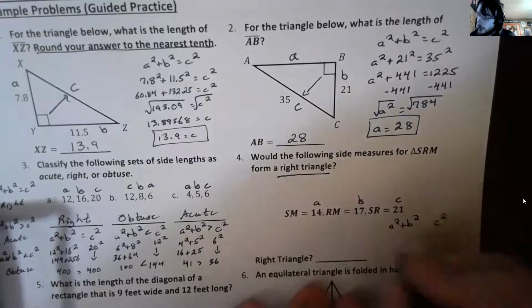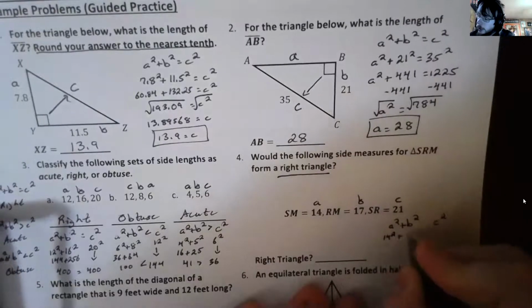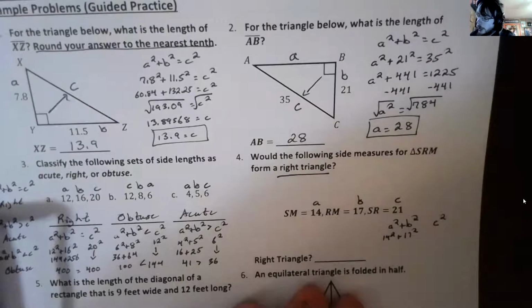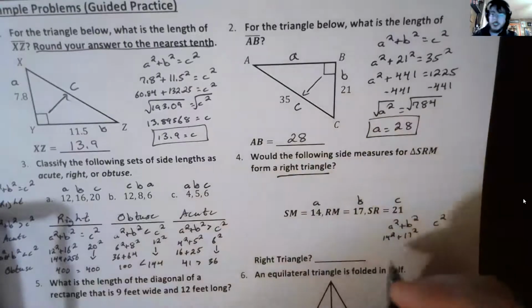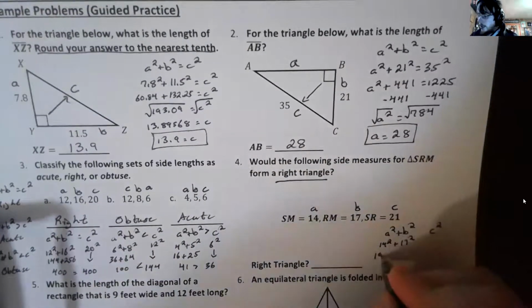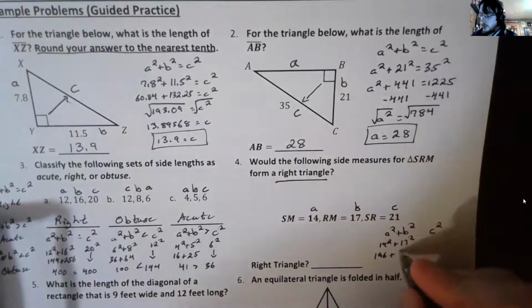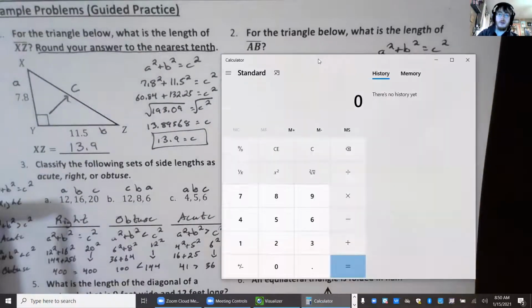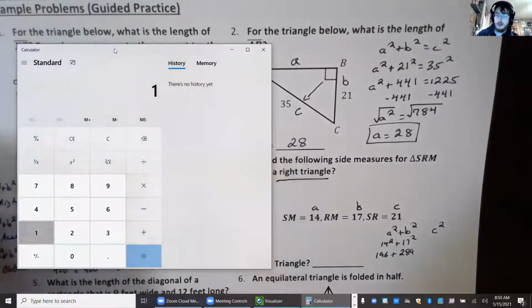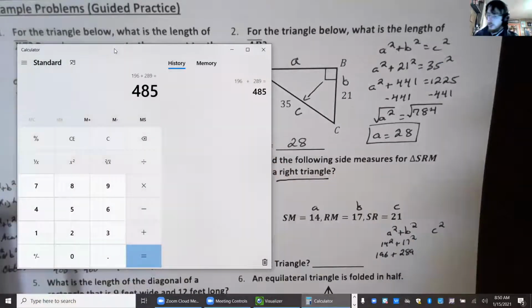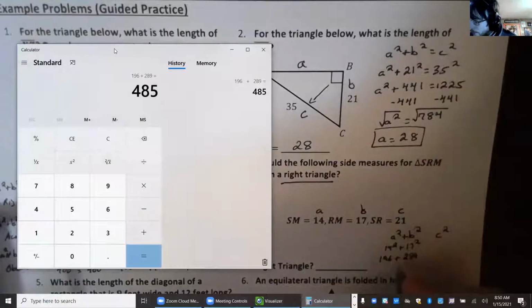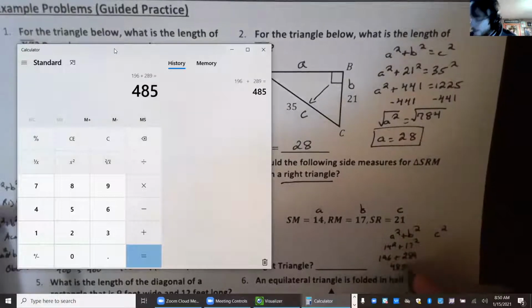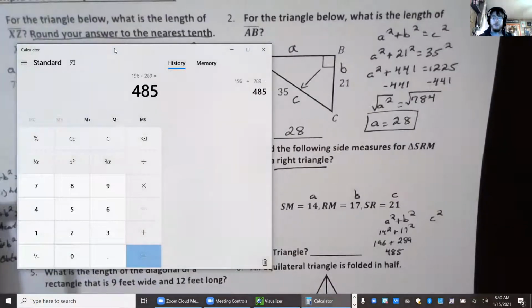So A squared becomes 14 squared plus 17 squared. 14 squared is 196. 17 squared is 289. And so this becomes 485 when you add those together.